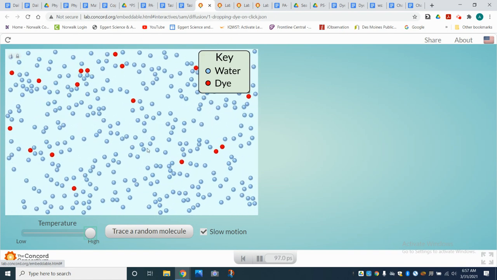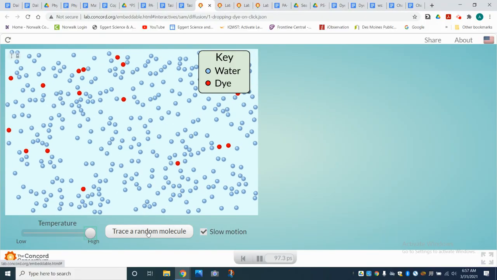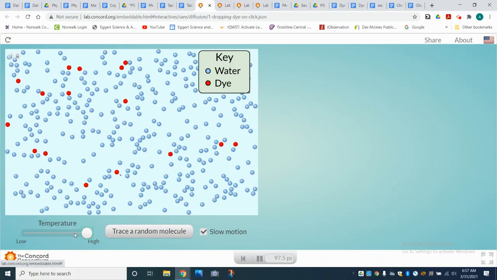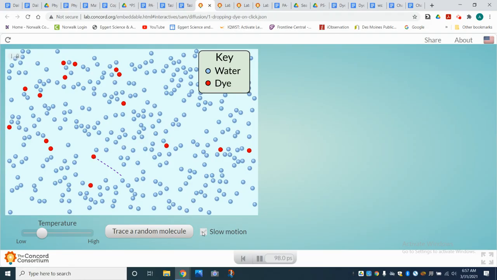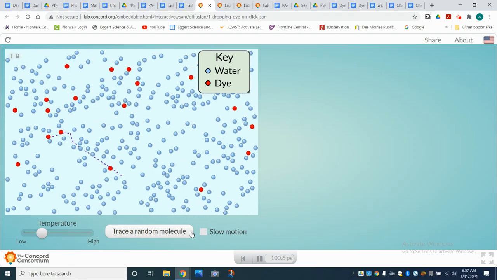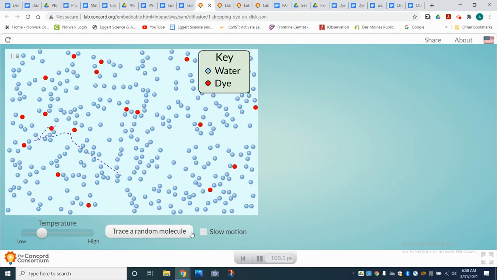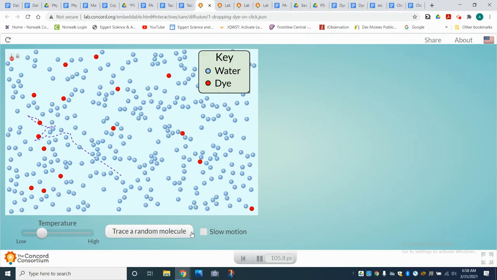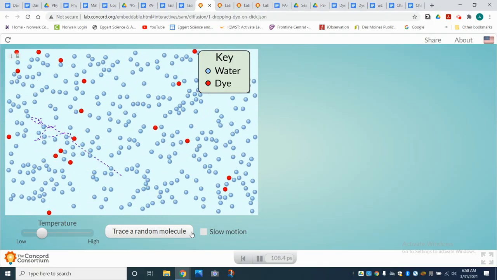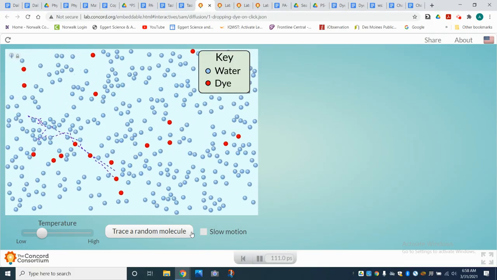However, if you trace a random particle, let's observe the motion. So on number 4, how would you describe the path of the highlighted particle?